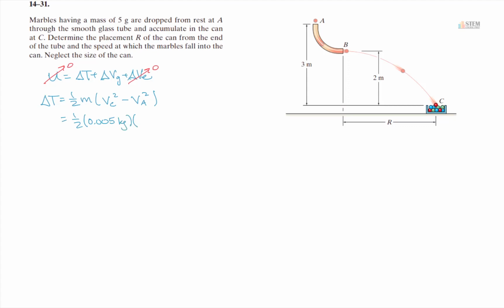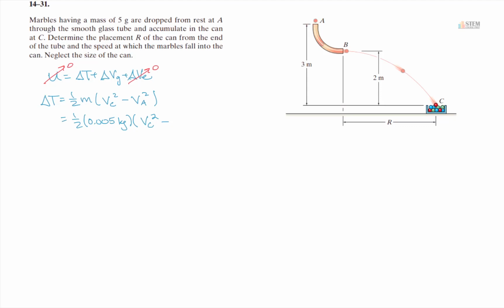Velocity at C, well, what do we think? That's what we're looking for, right? Because we want to know the speed at which the marbles fall into the can. So that's one of our unknowns, so let's just leave it as Vc, make sure it's squared, and then we want to subtract the initial velocity squared. So we're starting up here at A. What's my velocity up here at A? Well, that's going to be 0, right?